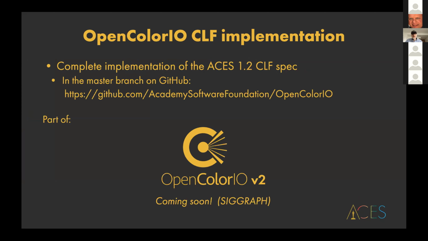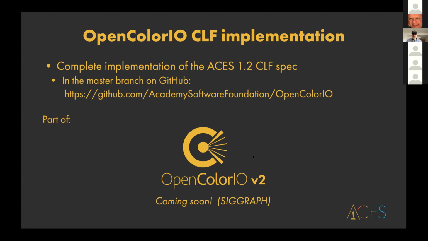This CLF work is part of OpenColorIO v2, which is the new version under development. It's coming soon. We'll have a release announcement about that at SIGGRAPH, so I hope you'll keep an eye out for that. And that wraps up my part. So with that, I'd like to turn it over to Bill Feightner and Gary Vass.